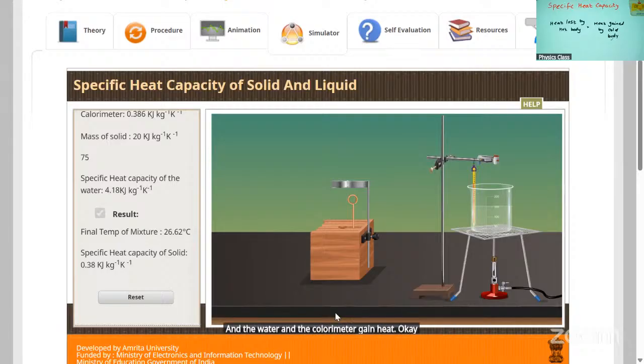Measure the temperature. This is T3, the final constant temperature of the mixture. So the solid loses heat and the calorimeter and the water gain that heat.